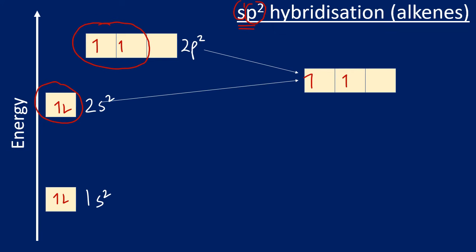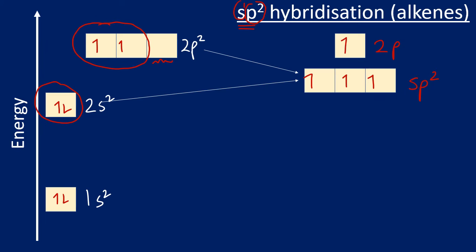1, 2, 3 electrons. So you'll notice that there is one orbital that nothing's happened to. So this 2p orbital will still be there. So we have a 2p orbital, and then we have 3 sp2 orbitals. And there's our 4 electrons.